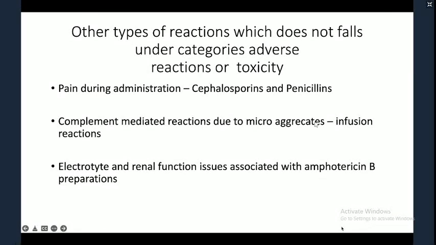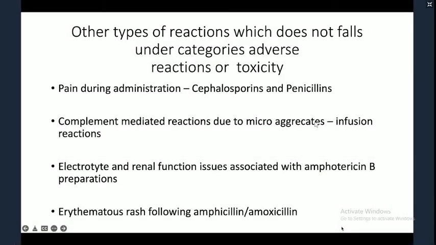Then the other one is the electrolyte and renal function issues associated with certain antibiotics and antifungals when administered. For example, amphotericin preparation. You give amphotericin, and within a few days you will get electrolyte problems and some renal function issues.